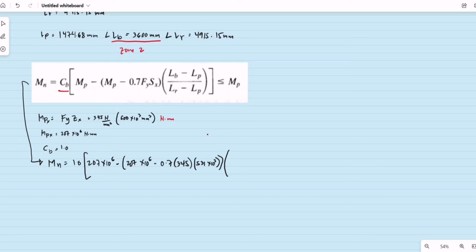So we have the unbraced length equal to 3,600 millimeters, minus the computed L sub P, which is 1,474.68.